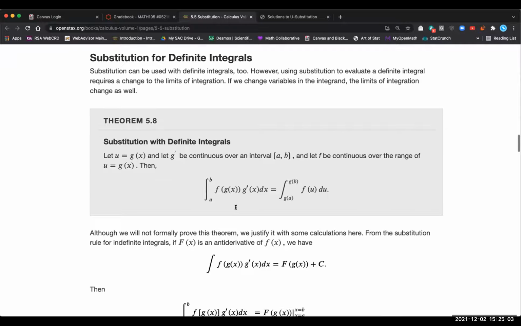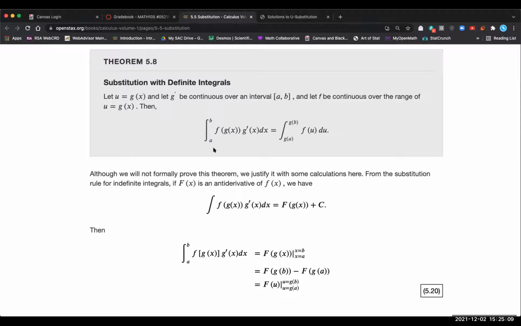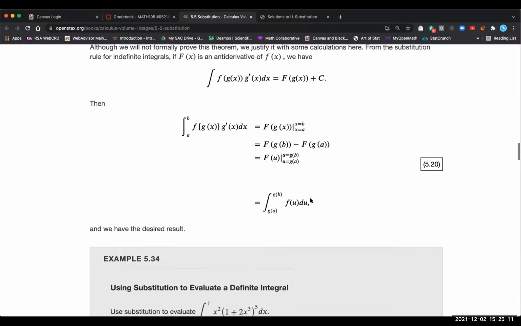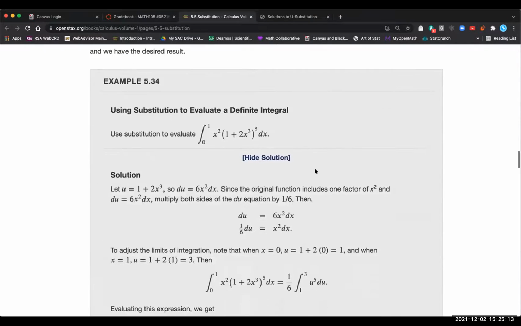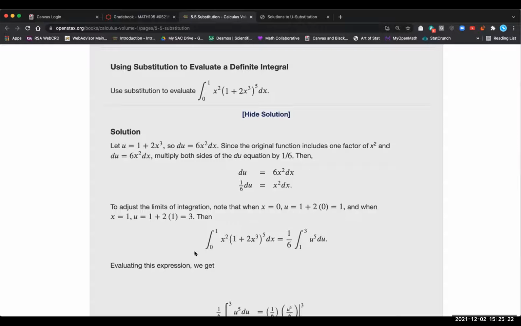Something that emerges is the substitution for definite integrals. So it's the same process. As you can see, we would end up with the same result. The only difference is, as we look at an example like this one here, you have this expression, and we use u substitution. You're changing variables. So originally we were integrating from 0 to 1 when x is 0 to 1. But now when we change the variables, when we integrate, notice it goes from 1 to 3.